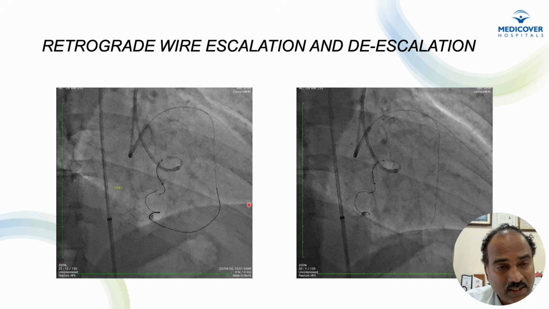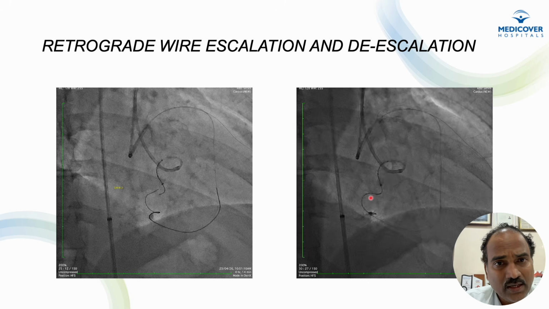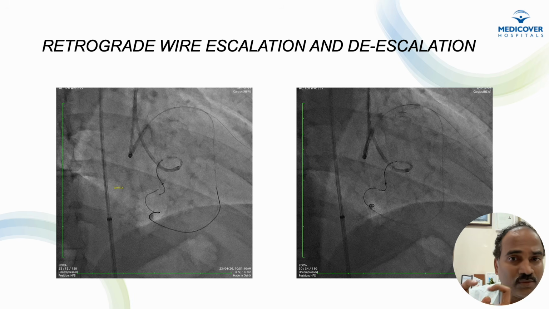That's what I did. After perforation, I de-escalated the wire to Pilot 50, and the Pilot 50 was advanced into the guide extension with a double curve at the tip. So that's what I'm doing.